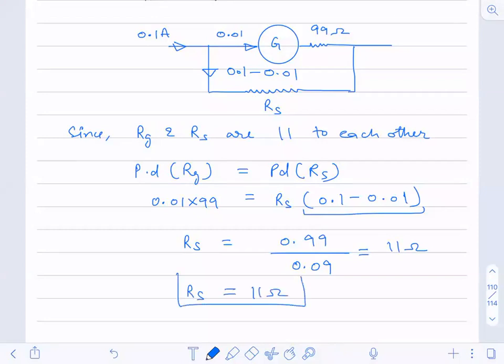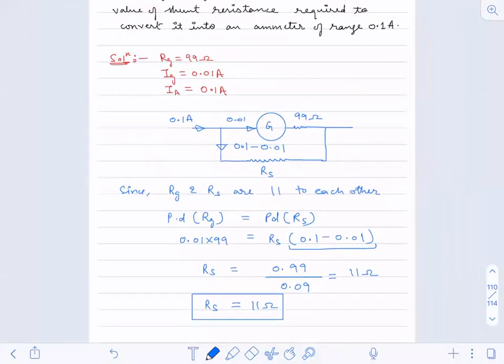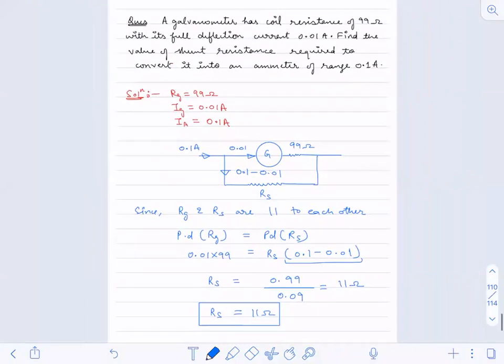Now just try to understand this one thing. If you have a shunt resistance of 11 ohm, then only 0.09 current will pass through it.